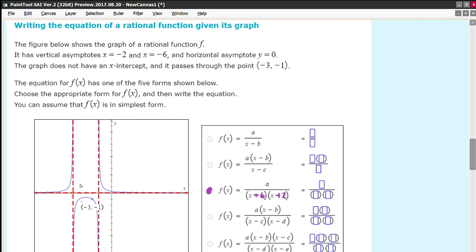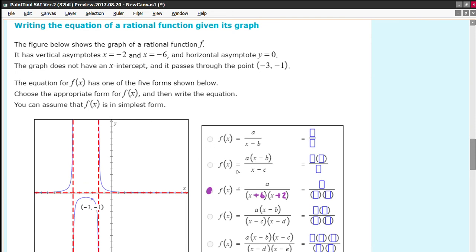Then we know that because the numerator is of smaller degree than the denominator, the horizontal asymptote is at y equals 0, and the only thing we're missing is a. To find a, we're going to use the point through which we know our function passes.